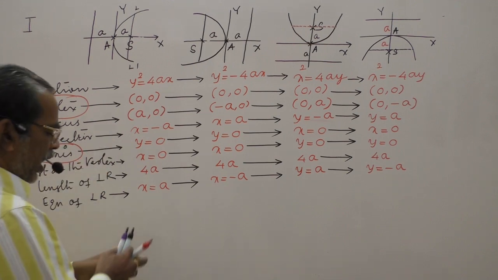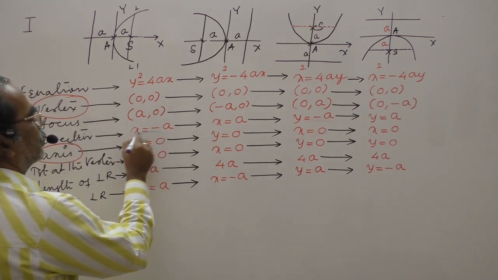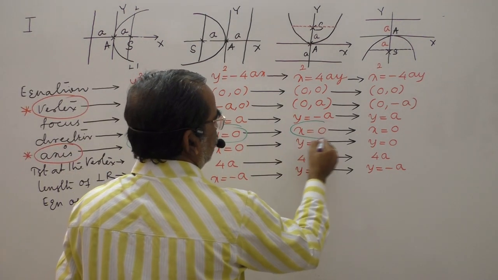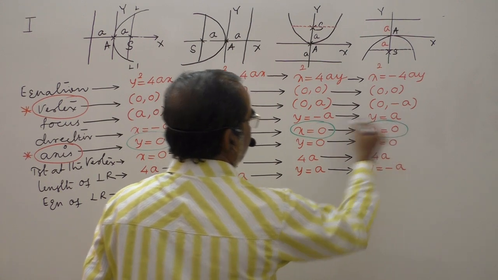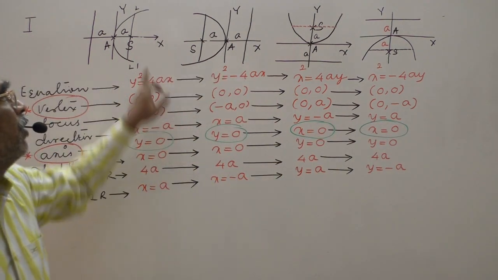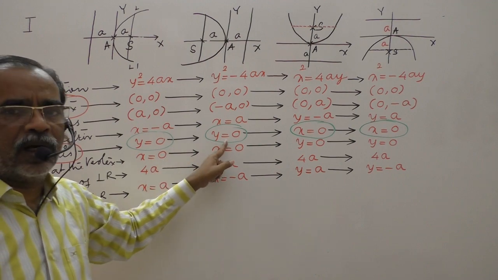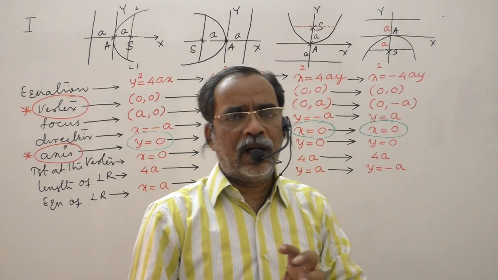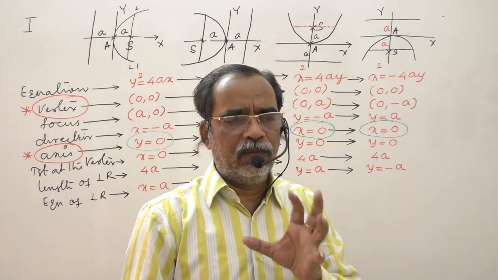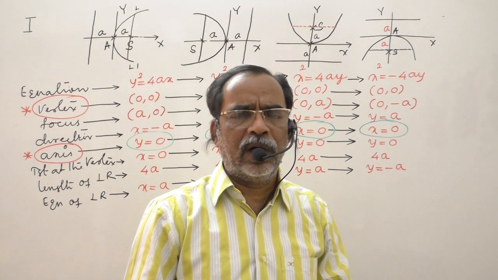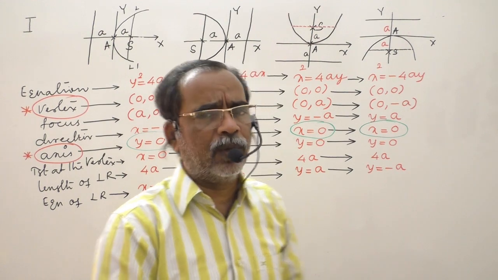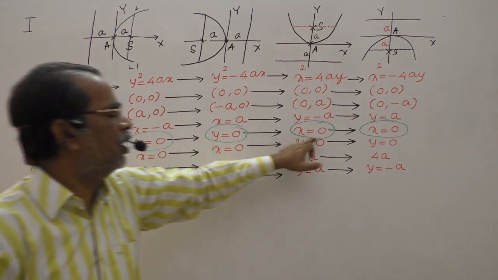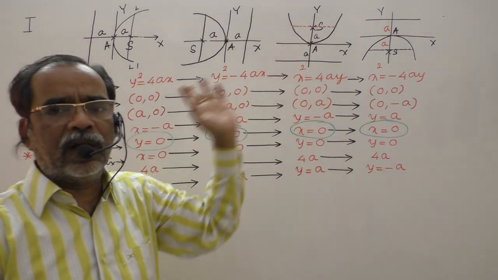Axis is what? Axis is either x-axis or y-axis. Axis should be x-axis or y-axis. For first 2, axis is x-axis. You should remember the figure. Here figures, diagrams are very important. If you remember the diagrams, you can write all the details very simply. So axis for first 2, x-axis. For last 2, axis is y-axis.